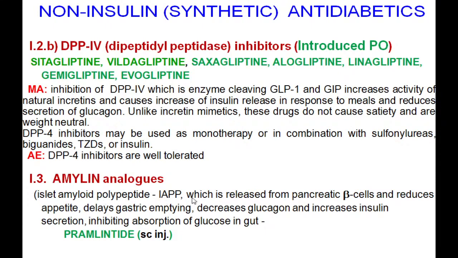This polypeptide is released also from pancreatic beta cells, like insulin, and reduces appetite, delays gastric emptying, decreases glucagon, and increases insulin secretion, inhibiting absorption of glucose in gut.